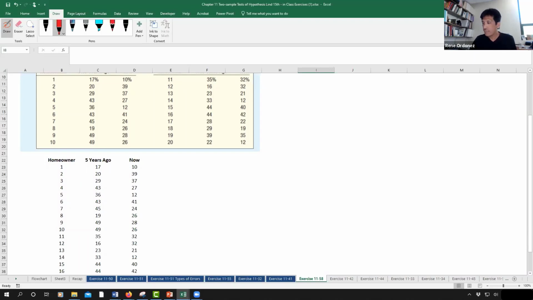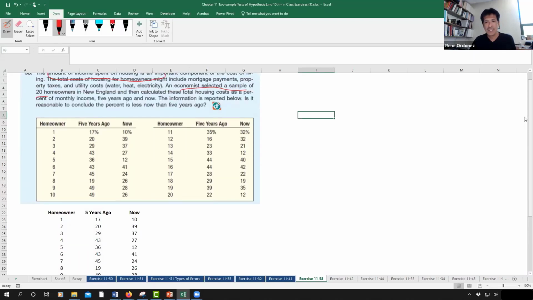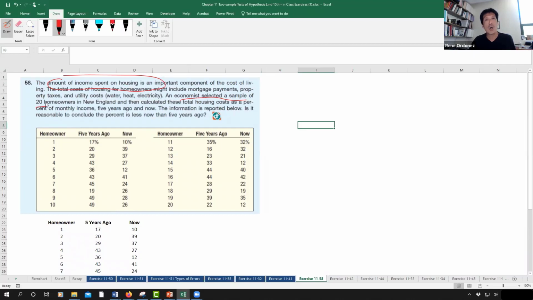So here we have a sample of 20 homeowners in New England, and they calculated total housing costs as a percentage of the monthly income. They're trying to compare the percentage of income spent on housing 5 years ago, over here, versus now.